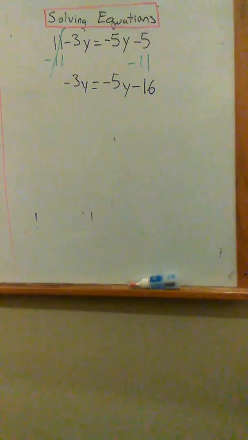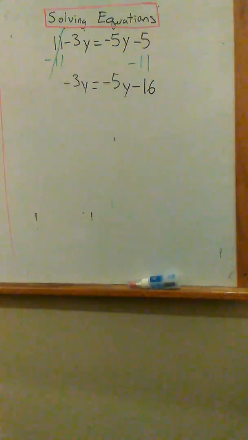Right, negative 16. So we're down to negative 3y equals negative 5y minus 16, okay? So we have successfully moved all the numbers to the right-hand side. Now let's move all the variables to the left-hand side.